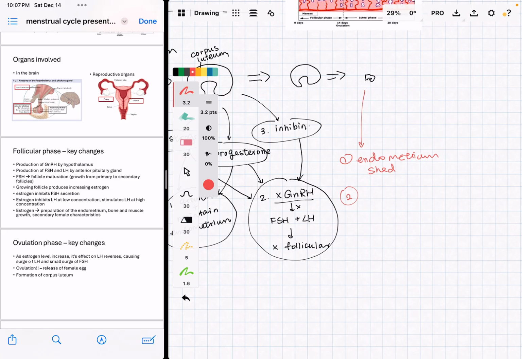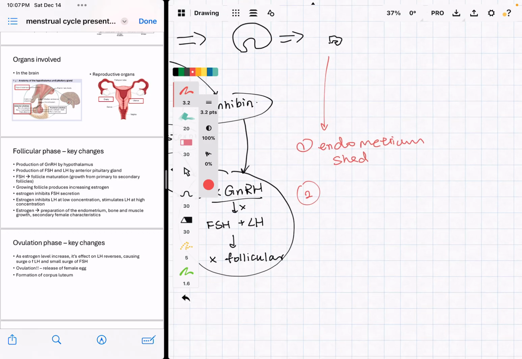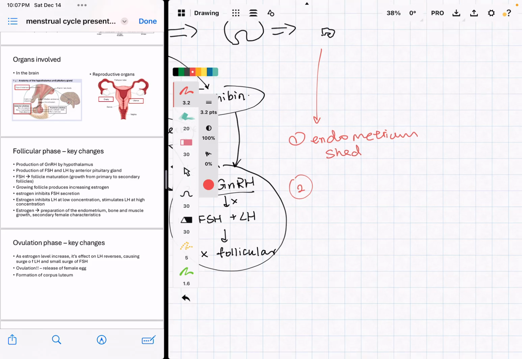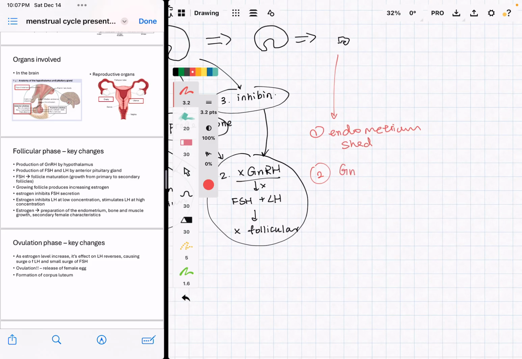Therefore, the levels of GnRH is going to slowly increase again, and that's going to cause slow increase in the levels of FSH and LH, and that's going to cause the growth of follicles. Does that sound familiar? Yep, so that's basically going to start another round of the menstrual cycle.